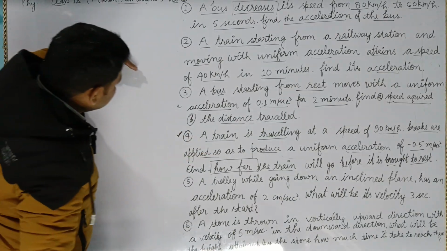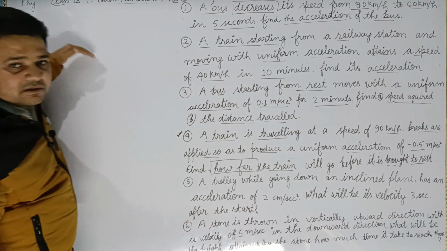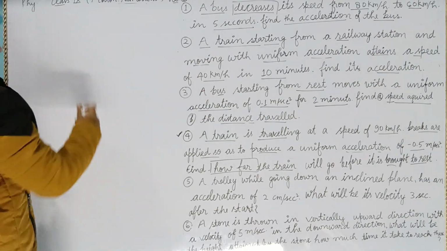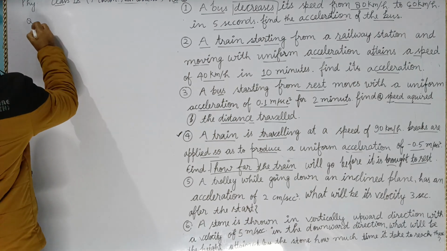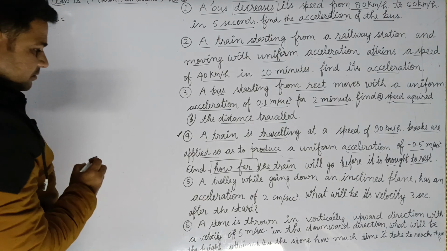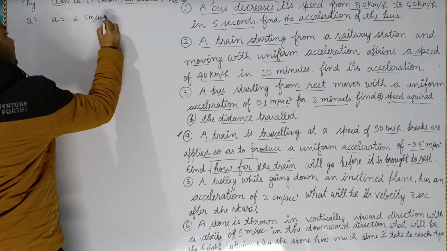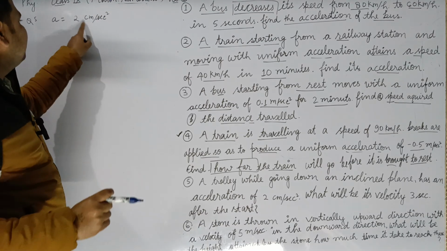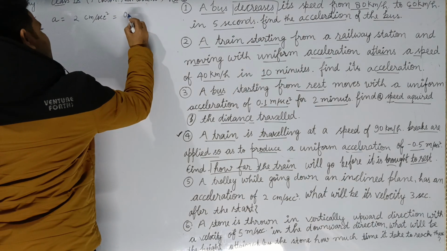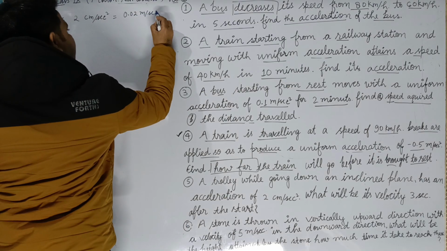This type of plane, in which the trolley comes down, is called an inclined plane. The acceleration is given in question 5: a is equal to 2 centimeter per second square. We convert it into meter by dividing by 100, and we write here 0.02 meter per second square.